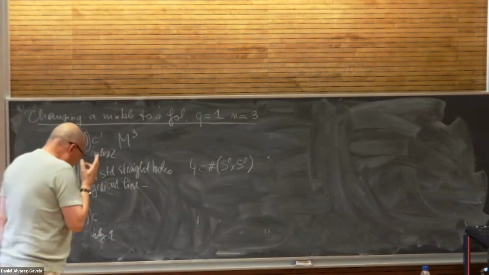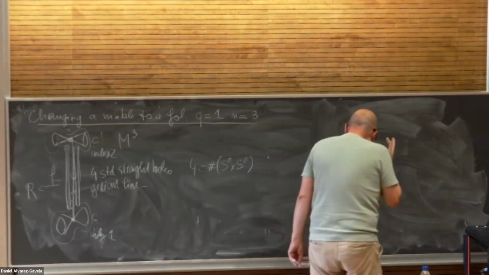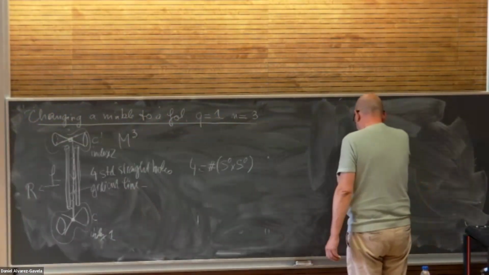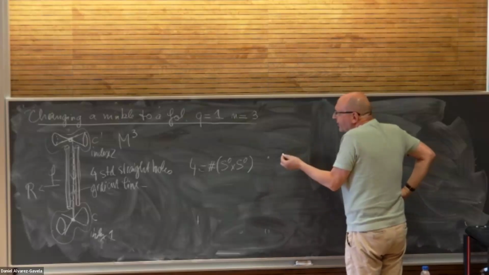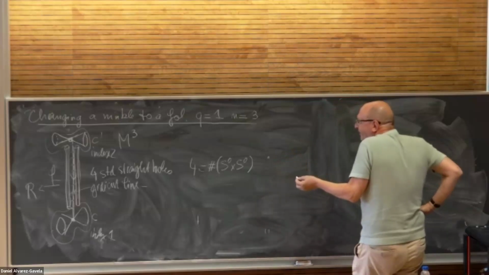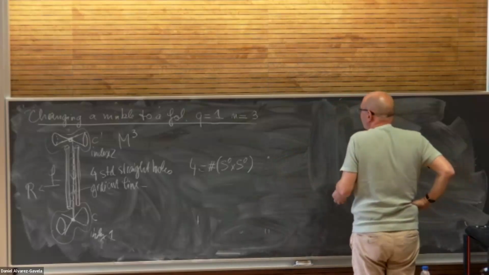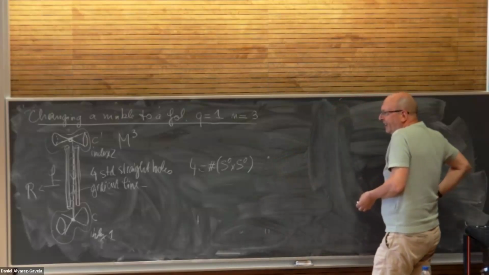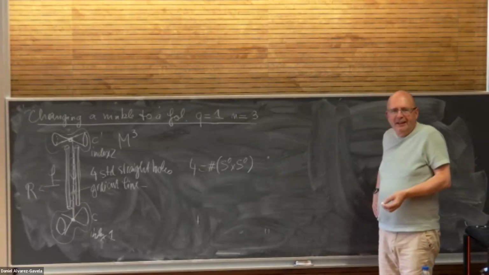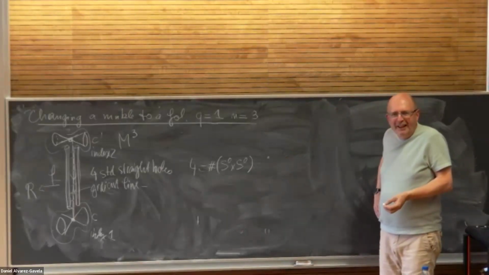Okay, so first of all, let's try to remember the cancellation of critical points. The classical cancellation of critical points of Morse functions is, usually in books, not so well presented.